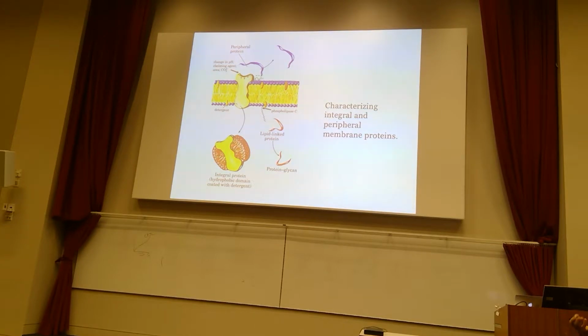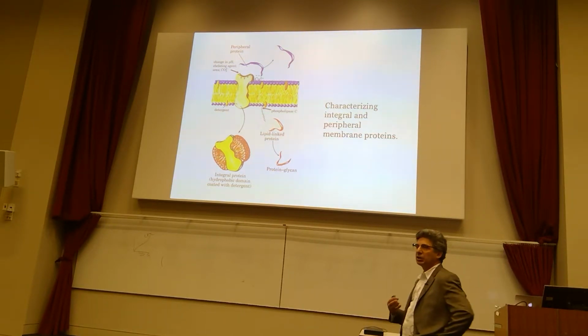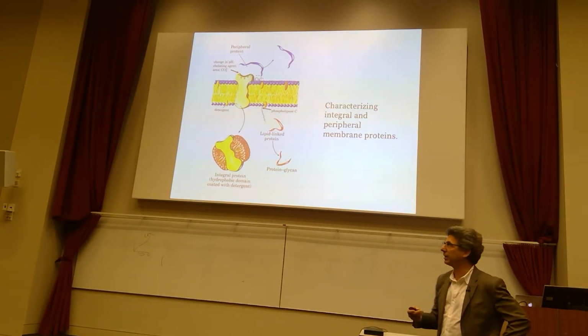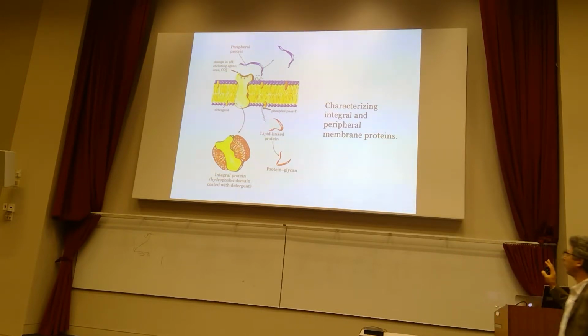In this case, there's just an electrostatic interaction between that membrane protein and that peripheral membrane protein in the membrane. So if we just use high salt, mild detergents, or change the pH to alter the electrostatic interaction, we can float that peripheral protein off. At the bottom, we see a lipid-linked protein.